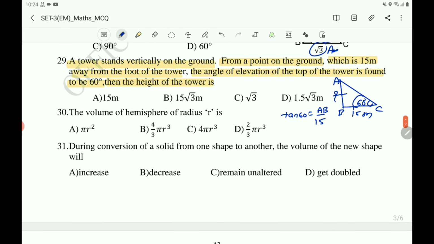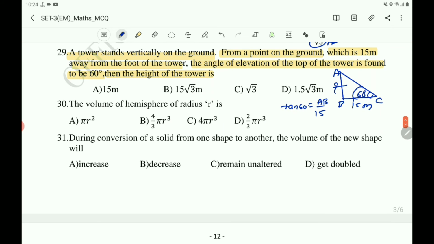The value of tan 60 is root 3. Then it becomes 15 root 3 equals AB. Answer is option B, 15 root 3. Note down the answer. Then you take the next question.